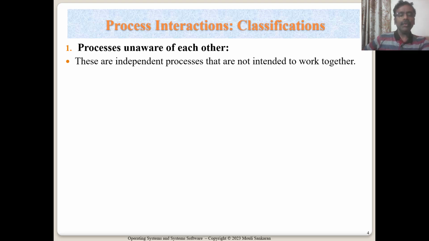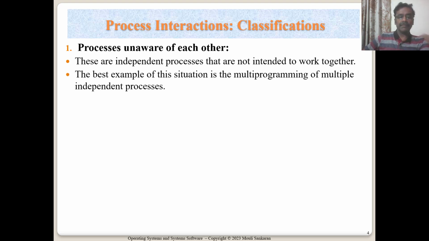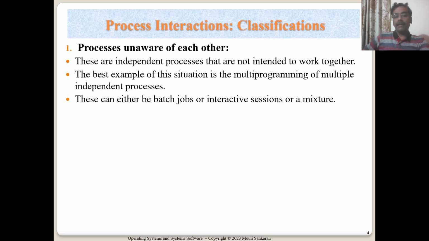But they don't do any cooperative work. They do independent work. Every user wants to book some tickets for some airline or some particular sector, but they are getting impacted because of the sharing of resources in the system. So it's multi-programming, multiple independent processes running in the system. There can be batch jobs or interactive sessions or a mixture of both.